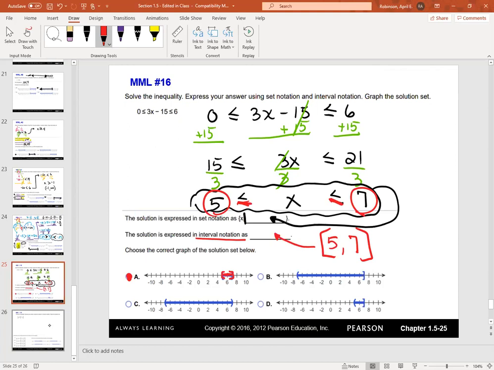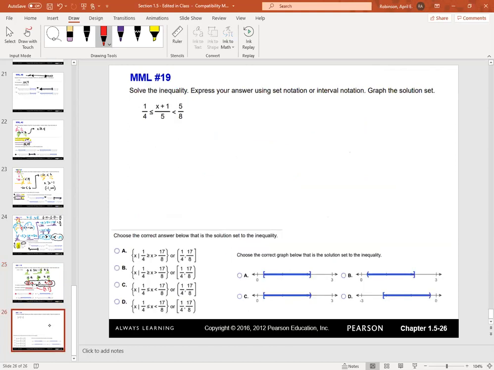And I got one last MyMathLab question. Ooh, fractions. It's another in-betweeny, but it's got fractions in it. Okay. All three of my denominators are different. One's a 4, one's a 5, and one's an 8. You're only allowed to multiply by one number and one number only.